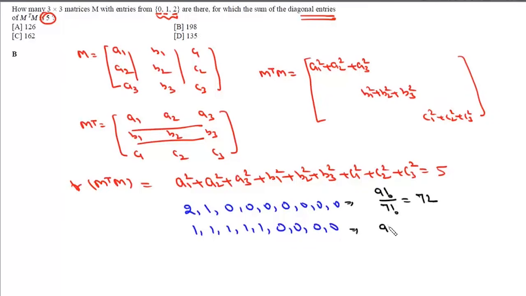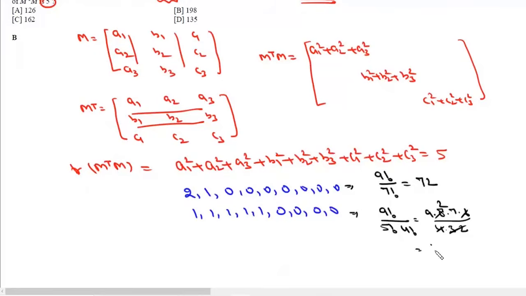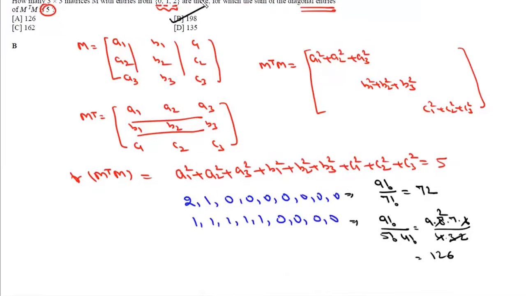And here it will be 9 factorial divided by 5 factorial 4 factorial. Now this is 9, 8, 7, 6 and this is 4, 3, 2, 1. Now 6 will cancel, which gives 126. So if we add them, it will be 126 plus 72, which is 198, and that's your option B.